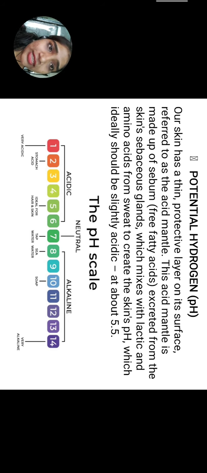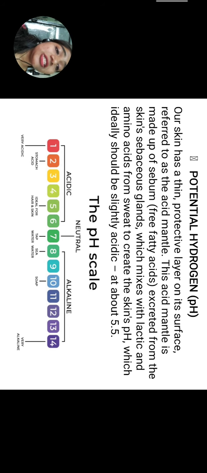If we look at the scale given below, the neutral pH is 7, and pH is the hydrogen level in our skin. Neutral pH 7 is that of our normal tap water, which is drinking water. The alkaline side of the pH scale comes with dryness.